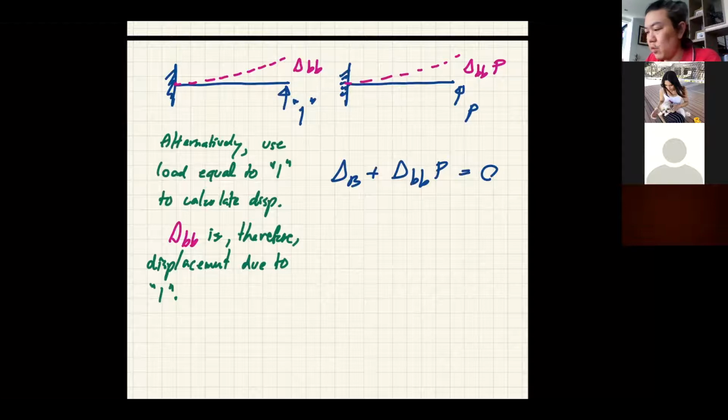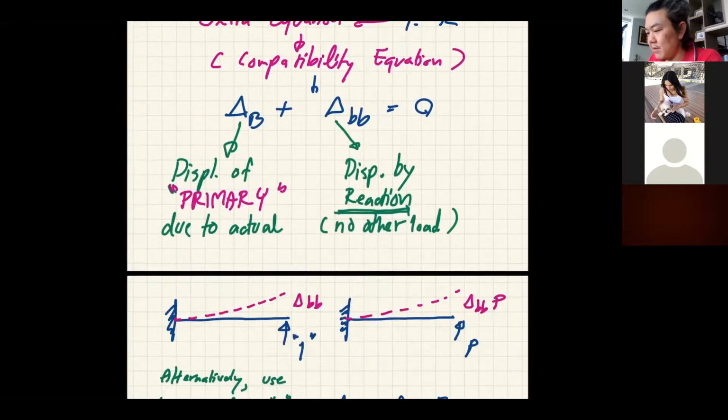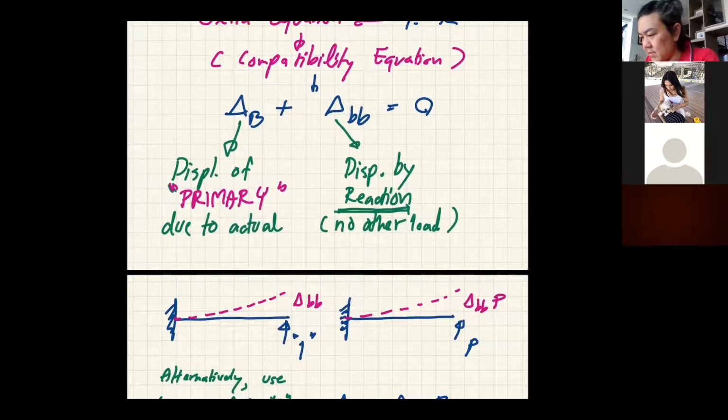So you can either do it like this, but this delta BB of yours will be in the form of P anyway. So incidentally, they are the same. But in the first approach, you just look at it as a displacement caused by P, and P you don't know.